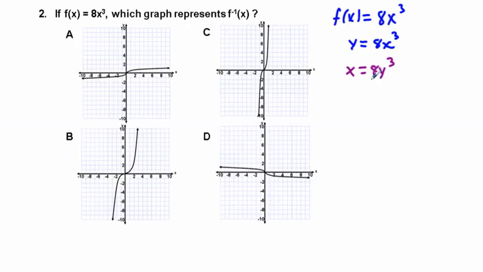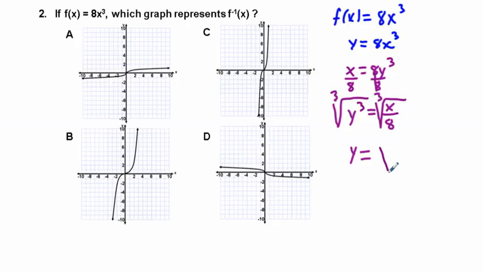And then if we solve this equation for y, divide by 8, so we have y cubed equals x over 8. And then if we take the cube root of both sides of this equation, we end up with y equals cube root of x over 8.